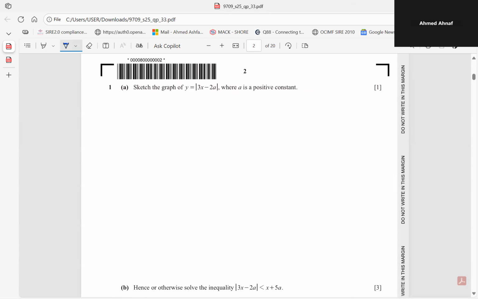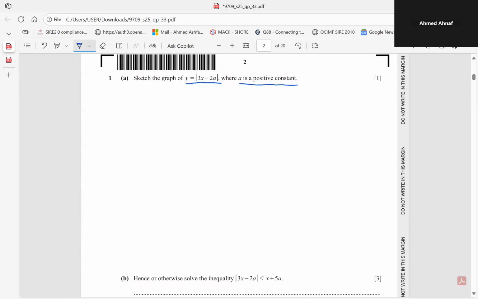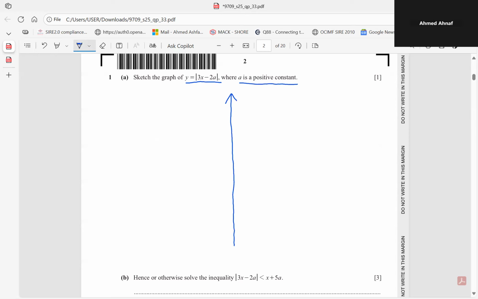Okay, so for the first question, we're told to sketch the graph of y equals the modulus of 3x minus 2a, where a is a positive constant. In order to construct a modulus function, let's first draw our axes.